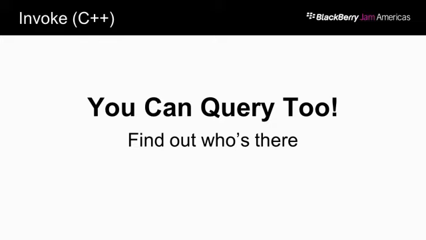Or if you want to show a fancy user interface to give the user choices. You can query in a very similar way to how we set up our invocation. Instead of creating an invoke request, you create an invoke query request, and that will perform the query for you and return a list of applications that are available on the device for that request.